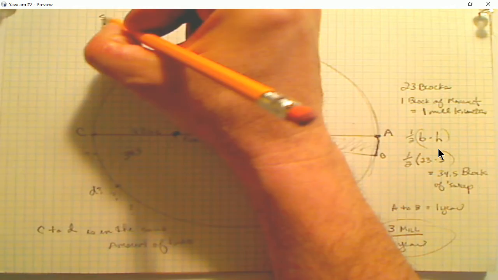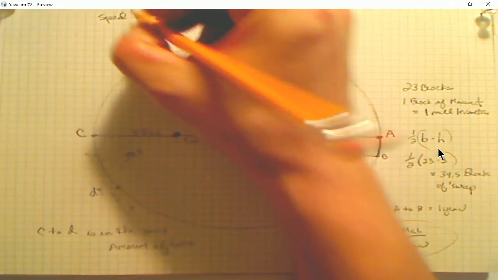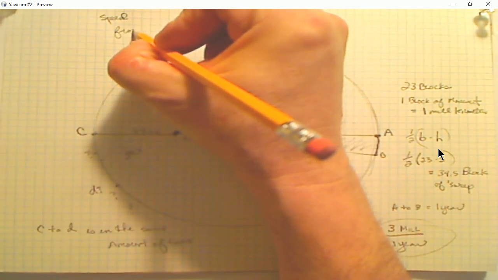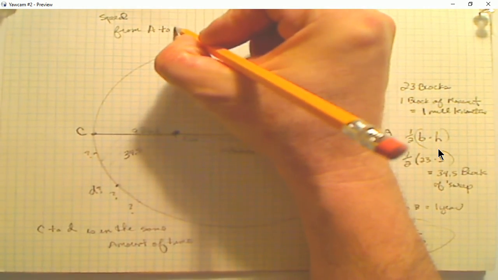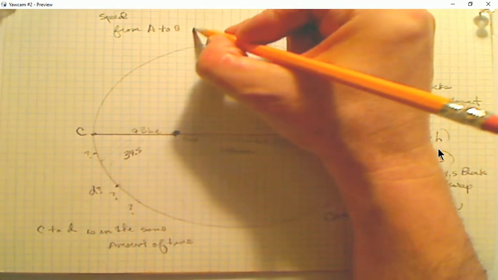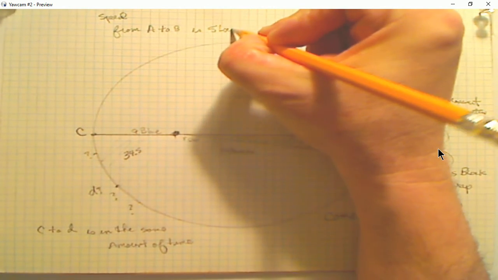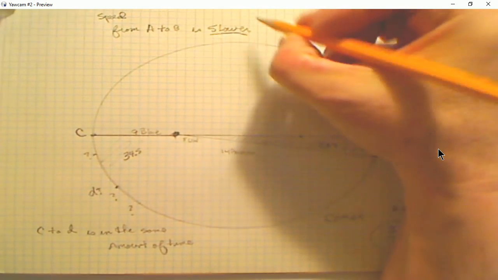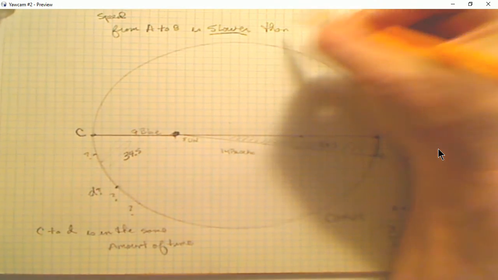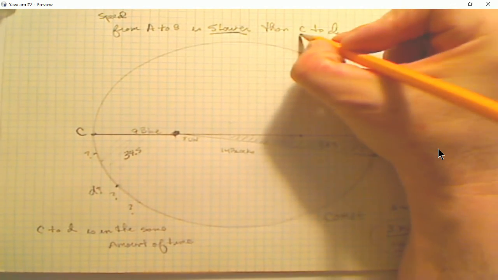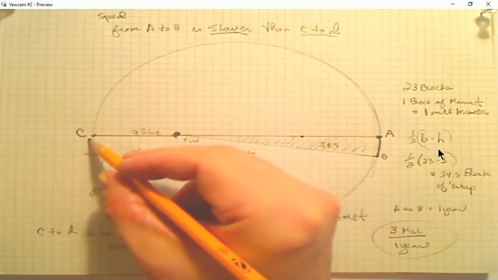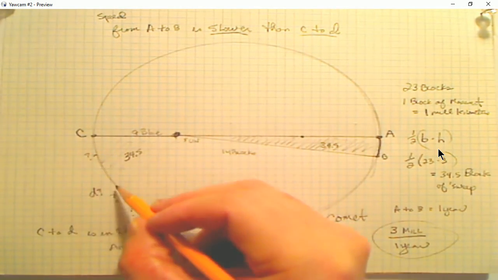The speed from A to B is slower, according to Kepler's law, than C to D. So I want you to try your hand at figuring out what this speed is.